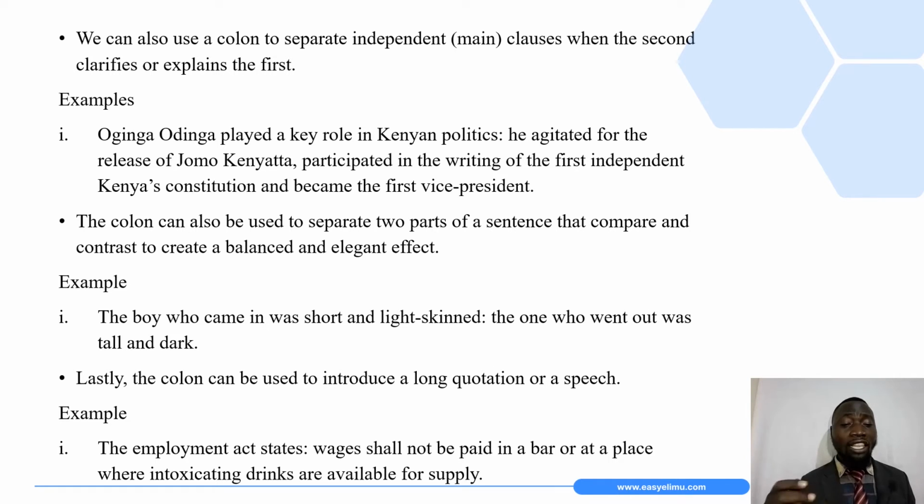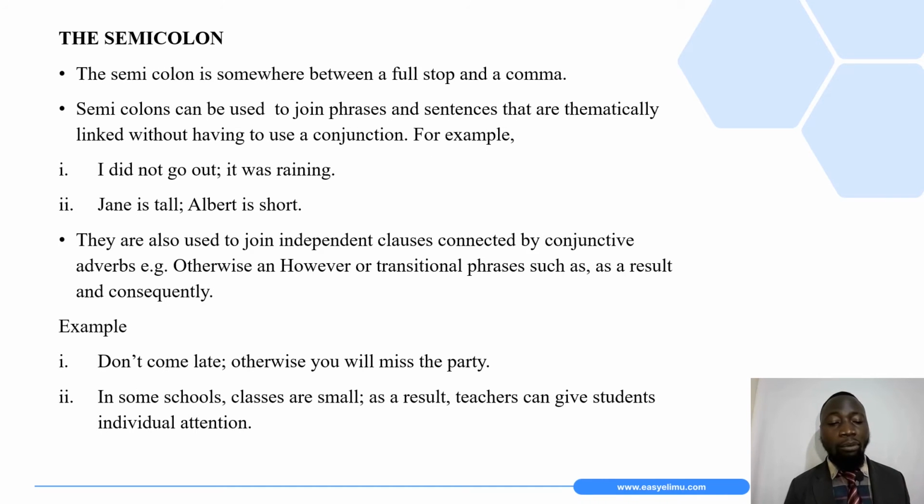So that is also another use of the colon. It can be used to introduce a long quotation or a speech, especially if you're talking about a speech from prominent people, or some of the great scholars that we know. Patrick Lumumba, for example, and many others.